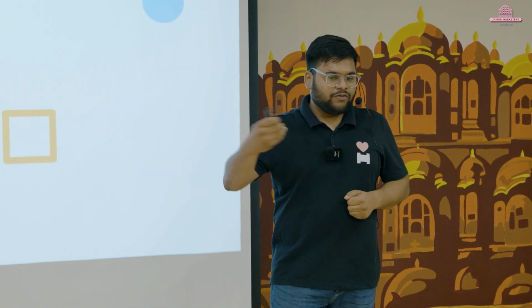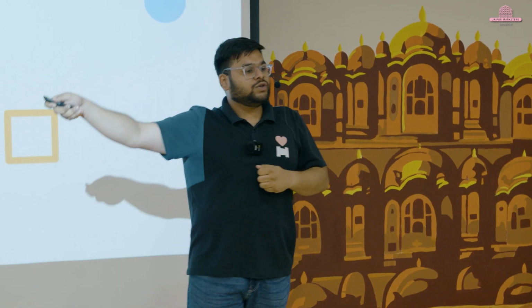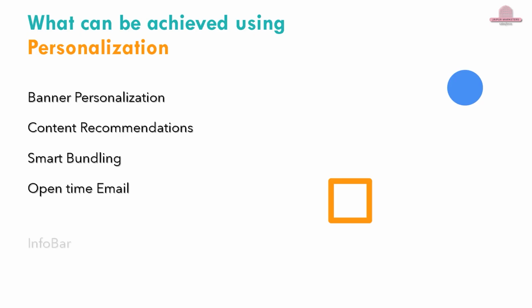Suppose I open that email one week later, and during that week my interest has changed from Puma shoes to Nike shoes. The content will be personalized as soon as you open that email. It will not be based on the content which was embedded when the email was sent to you. It will be based on when you opened it. So this is so far the best use case Marketing Cloud Personalization has.